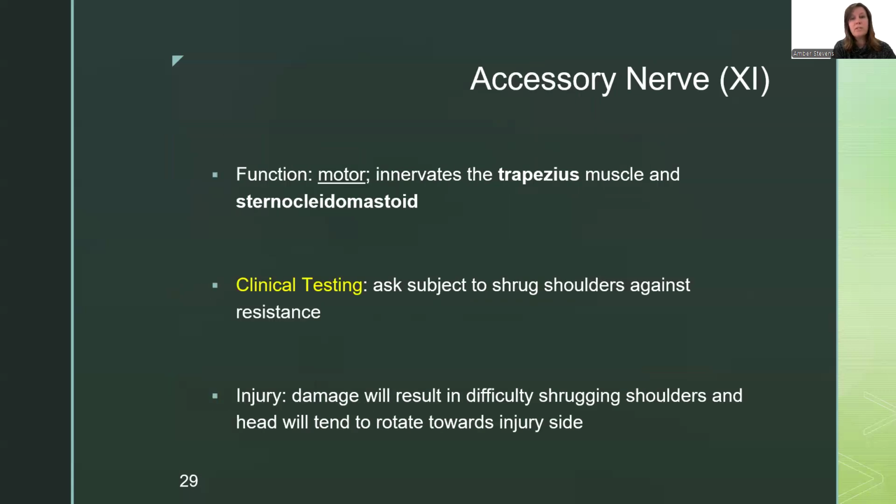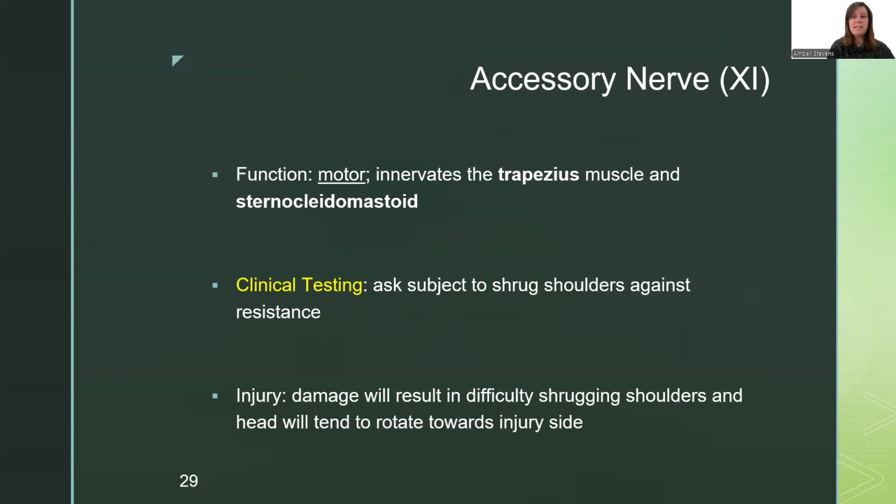All right, so nerve number 11 is the accessory nerve. It is a motor nerve. It controls the trapezius and the SCM muscle. That's what enables your shoulders to shrug and your head to rotate.